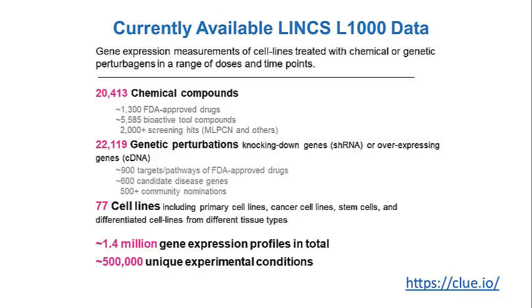Mostly there's a core of about 10 cancer cell lines, and then in total they've done over 1.4 million profiles and about 500,000 signatures. That means that they did everything in quadruplicates, so you have repeats for each condition, and then you can compute before and after with those.